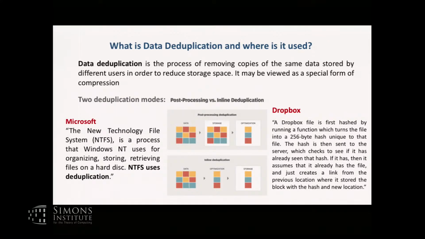And I won't talk about hashing and other approaches that are used for deduplication purposes, but one way to tell for sure that some deduplication process is ongoing is to check how much time it takes for your file to be stored. So you don't even have to be a hacker to figure that out.